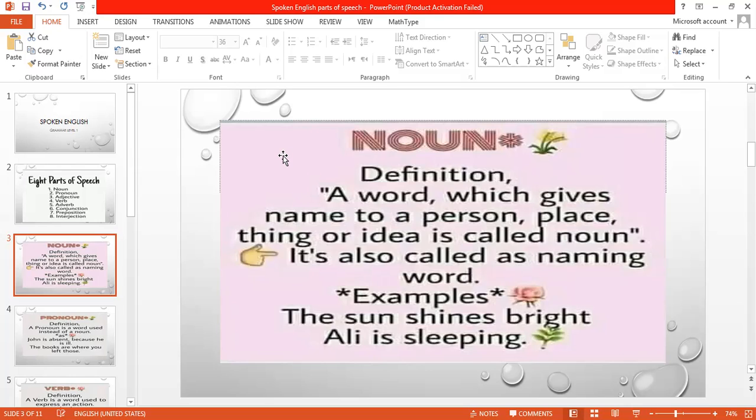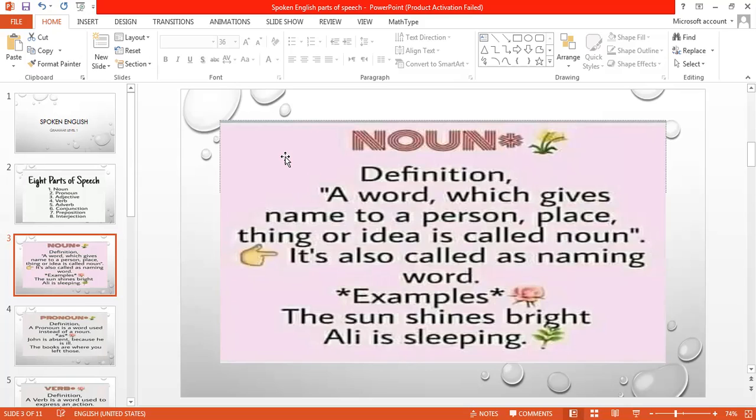And then we have types of nouns. The types of nouns are common noun, abstract noun, proper noun, material noun, and collective noun. But the basic thing that we need to understand here is that it's a naming word. It can be a name of a person, a place, a thing, or an abstract noun.